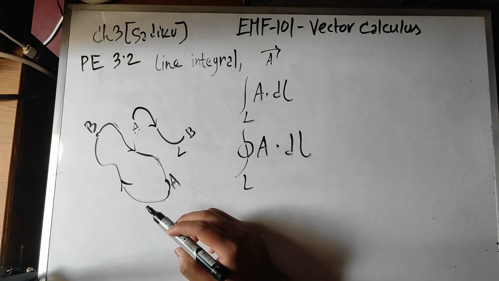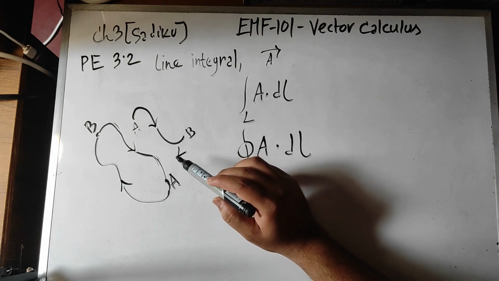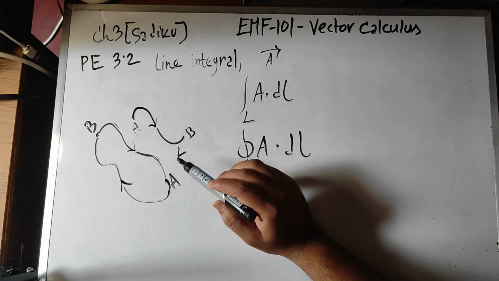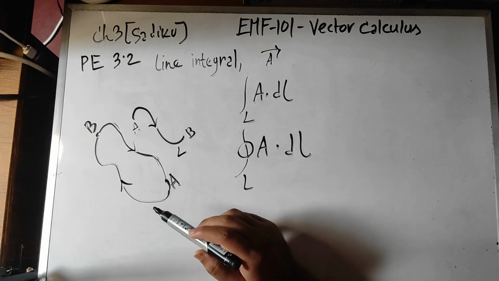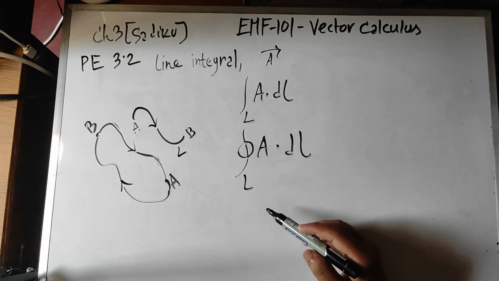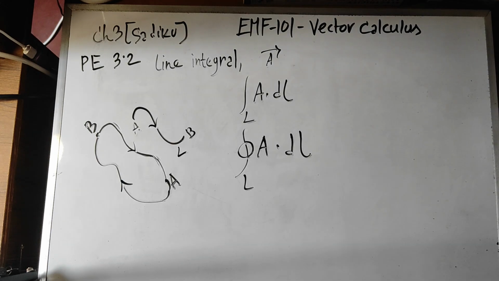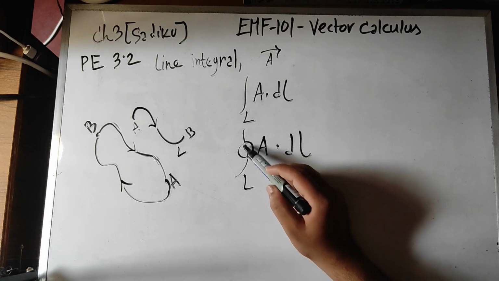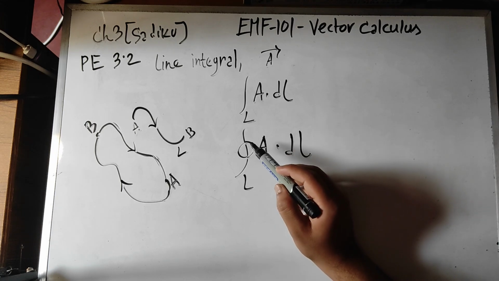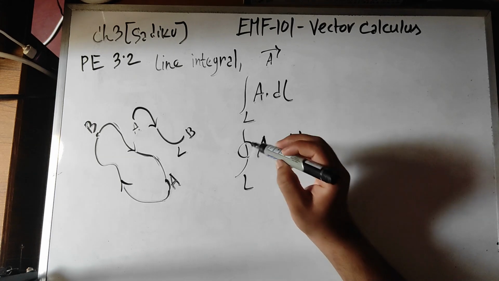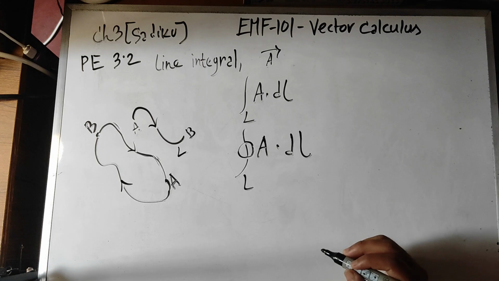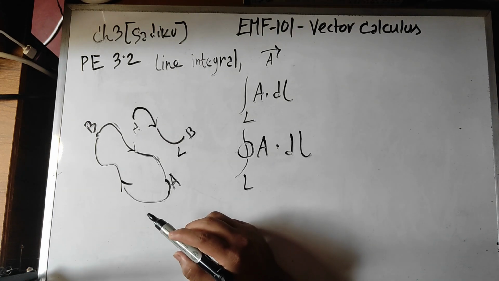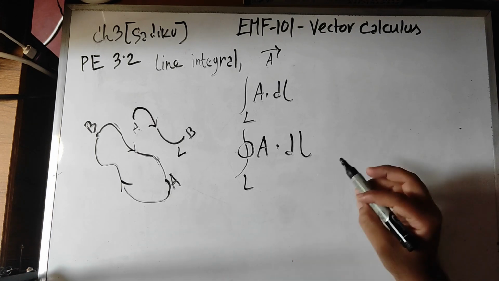If we take the line integral of the vector A along a closed path, the line integral will look like this: the integral symbol with a circle included with it. The line integral along a closed loop of a vector is called circulation.